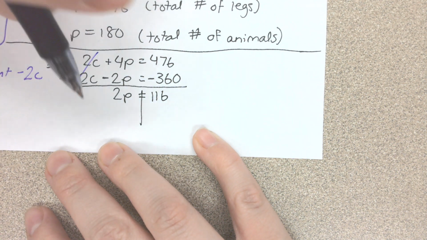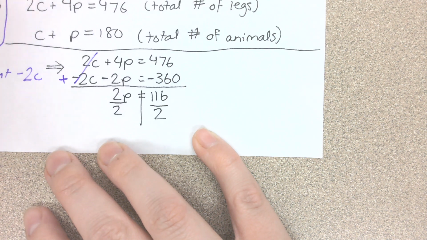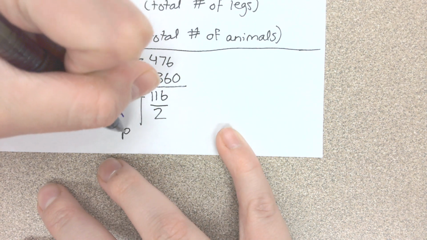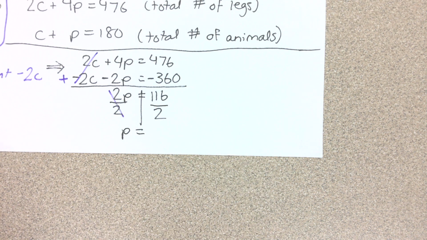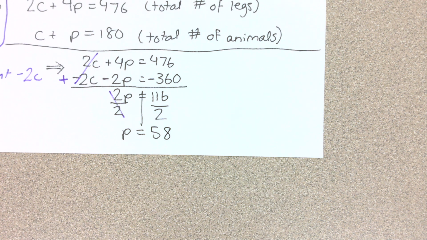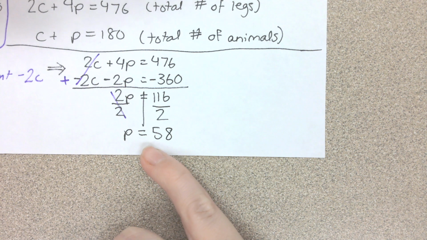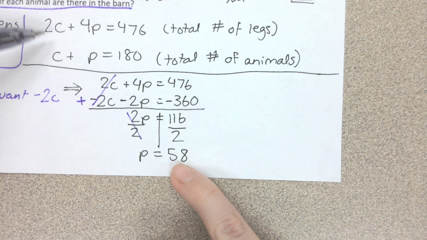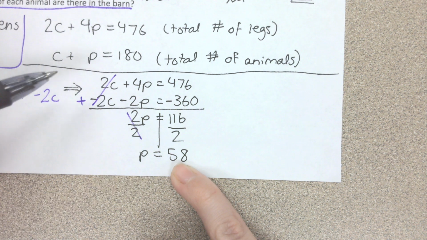And then to solve for P, we just need to get rid of 2, so divide by 2. These cancel. P equals 116 divided by 2, which is 58. Alright, we're basically done. Now we just got to find the value of C. So again, pick one of the original equations to plug P into.